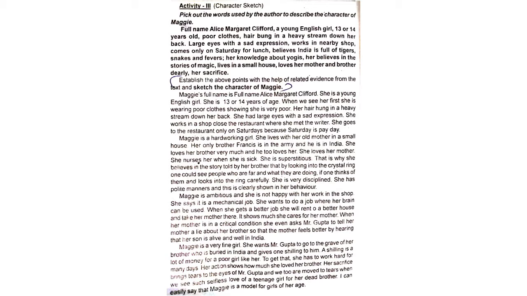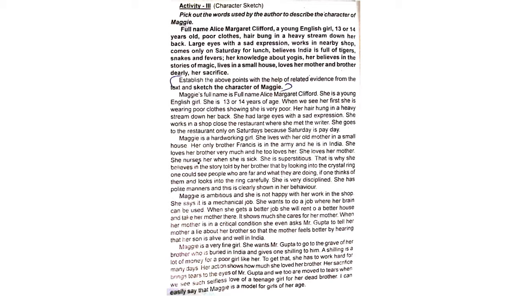Maggie is a hardworking girl. She lives with her old mother in a small house. Her only brother, Francis, is in the army and he is in India. She loves her brother very much and he too loves her. She loves her mother. She nurses her when she is sick. She is superstitious.